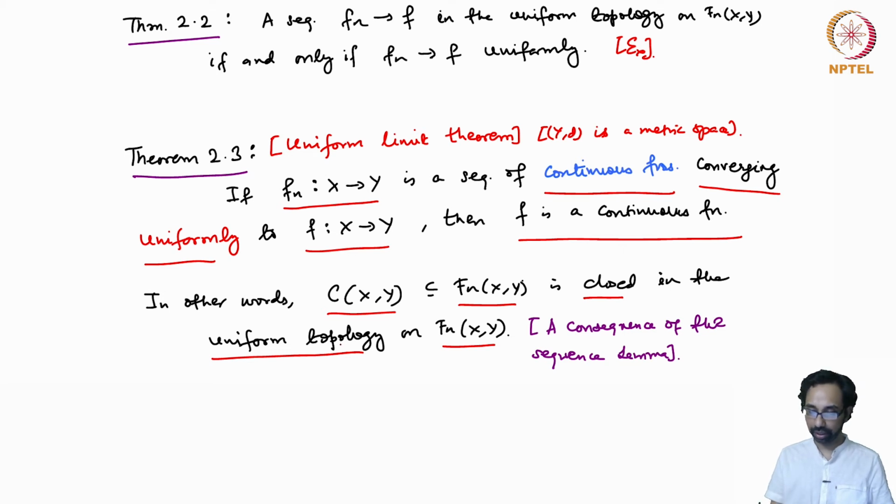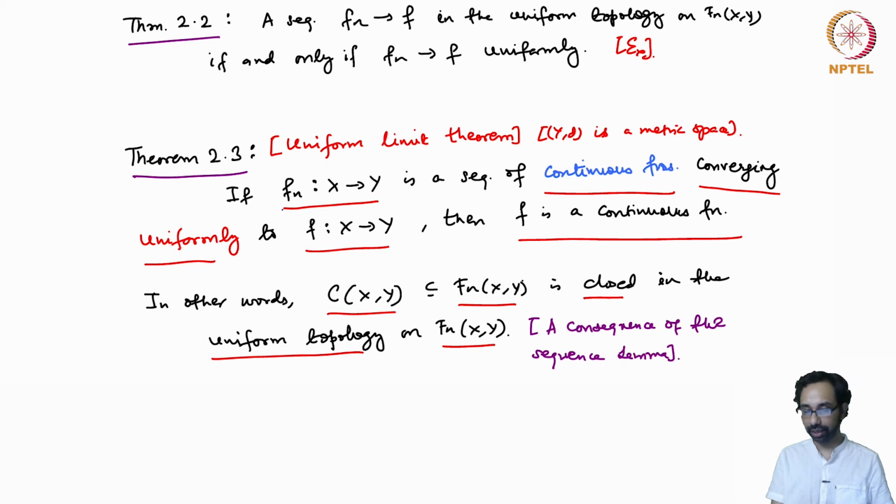Here, of course, in the uniform topology these are metric spaces, so the sequence lemma gives an if and only if condition, and it says that a subset is closed if and only if the limit of every convergent sequence belongs to that set.